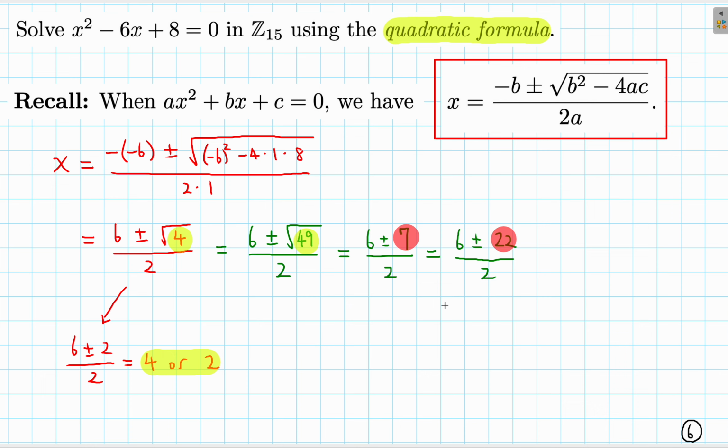Well, we have 6 plus 22 is 28 divided by 2 is 14. Or 6 minus 22 is negative 16 divided by 2 is negative 8. But let's write this in Z15. Negative 8 is the same as 7. And so we found the two extra solutions that we found earlier.